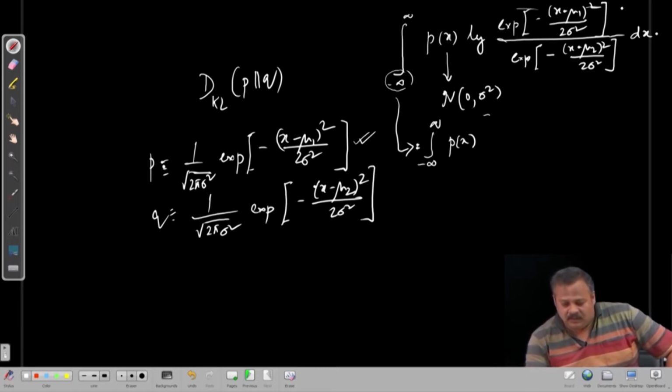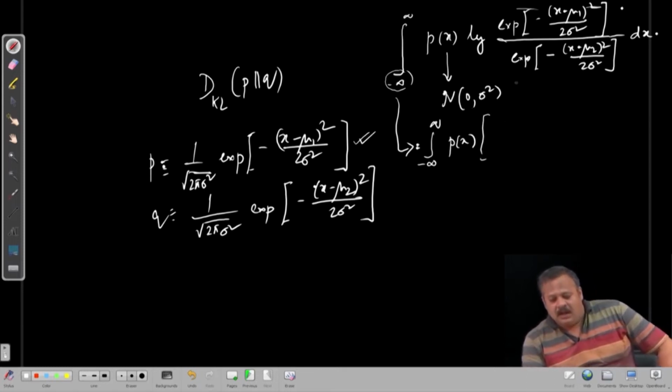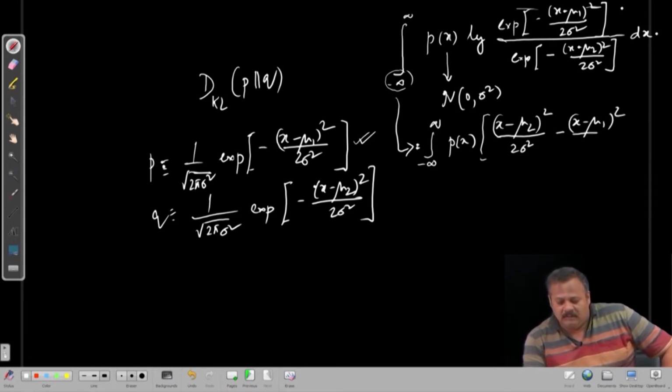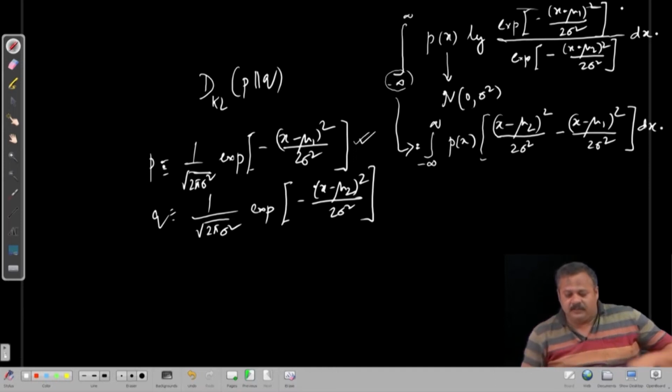So here what we will have is the integral of (x minus mu 2) squared divided by 2 sigma squared, minus (x minus mu 1) squared divided by 2 sigma squared, dx.